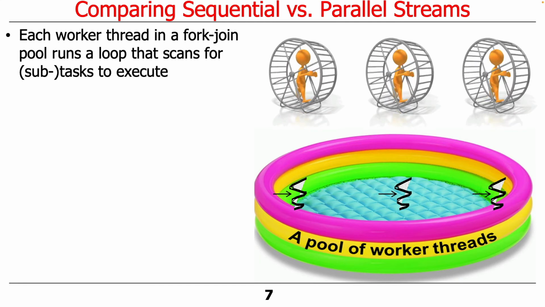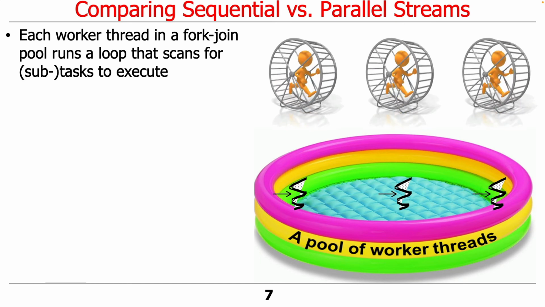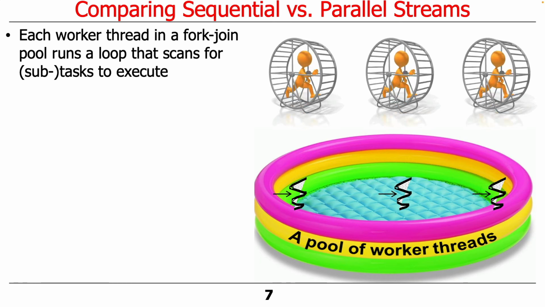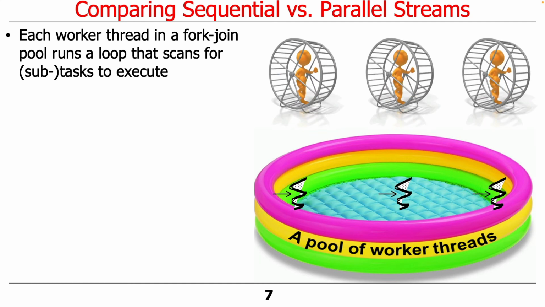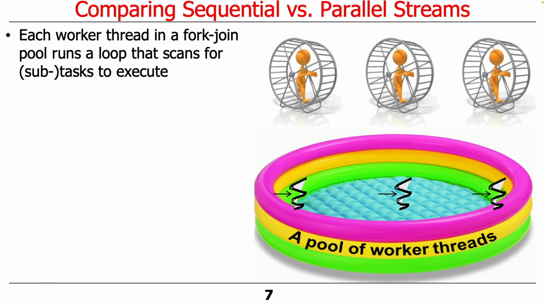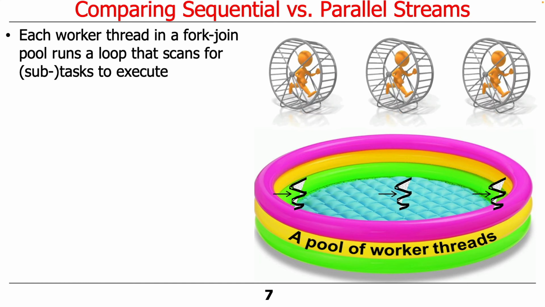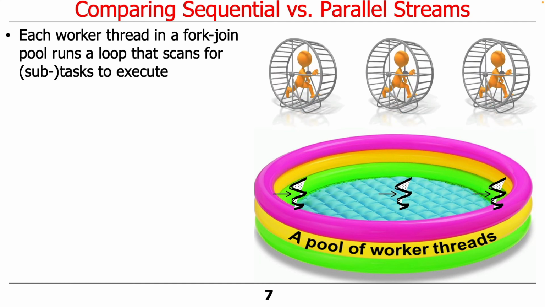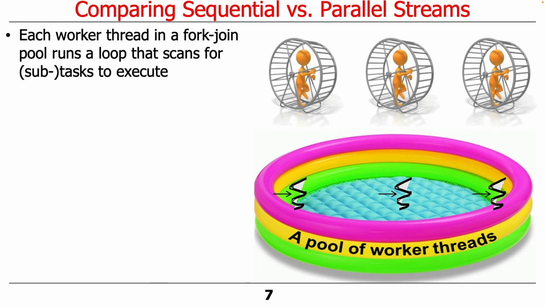These are actual good old Java threads, what we would now call platform threads with the Project Loom model of Java. Each of those threads runs a loop that continuously scans for tasks or subtasks to execute. We'll talk more about how that works when we get into the parallel streams discussions. You'll get a better view of how things work under the hood.